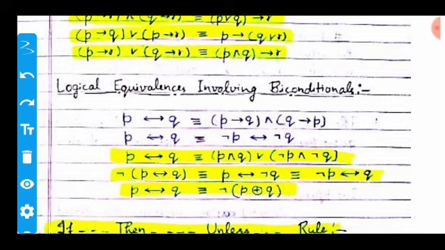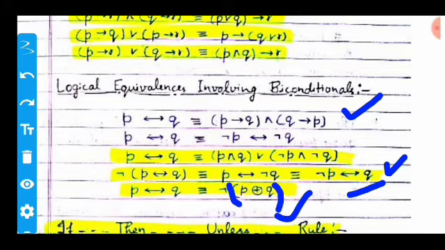P biconditional Q is logically equivalent to P implies Q and Q implies P, and the biconditional statement is logically equivalent to not P if and only if not Q. P if and only if Q is logically equivalent to P and Q or not P and not Q. Now the next equivalence is the negation of the biconditional, which is equal to P if and only if not Q, and also logically equivalent to not P if and only if Q. And another one represents the negation of P XOR Q.